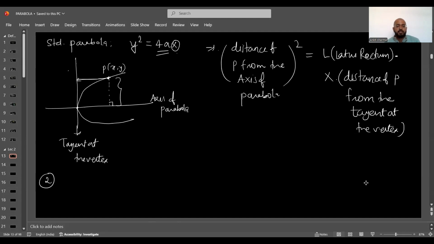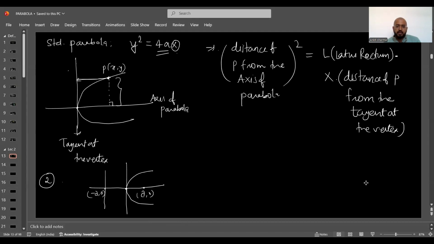The finding number 2 is basically what? If you look at the same parabola, this is not only for one parabola. Whatever parabola we will be deriving, we'll be using the same concept. The concept remains the same. Maybe things can change, but the concept does not change. So say this is my vertex, and here I have the focus. The focus was (a, 0), and this point was (-a, 0).